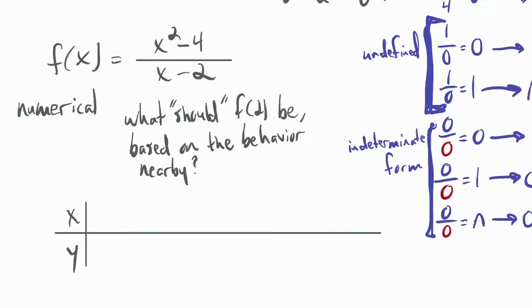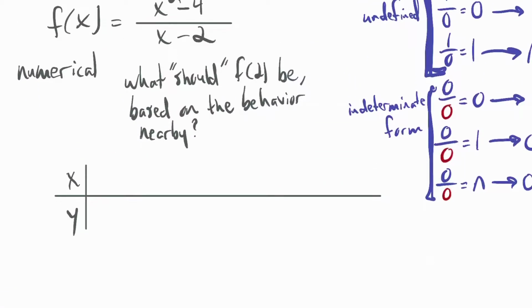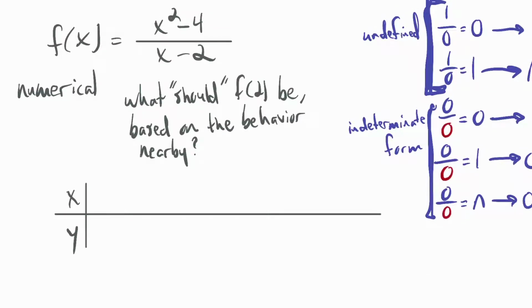If I pick some numbers that are close to 2, and I'll probably have some room here to do a little bit of arithmetic. If I plug in, say, 1 for x, and we'll start from the left, with lesser numbers, and we'll go like 1, 1.5, 1.9, and so forth. If I plug 1 into my function, what do I get?